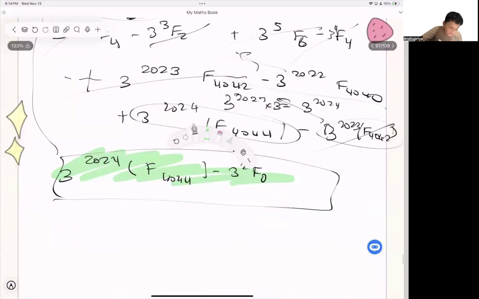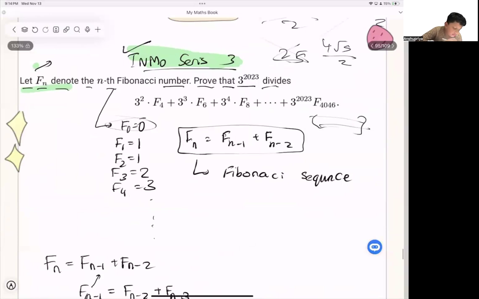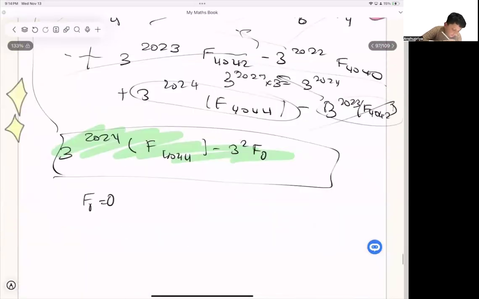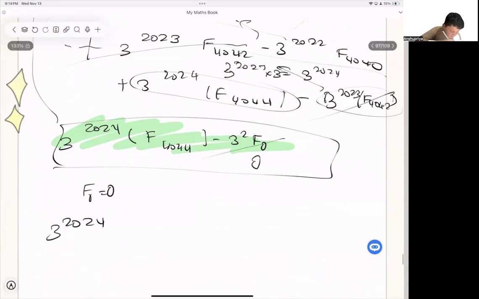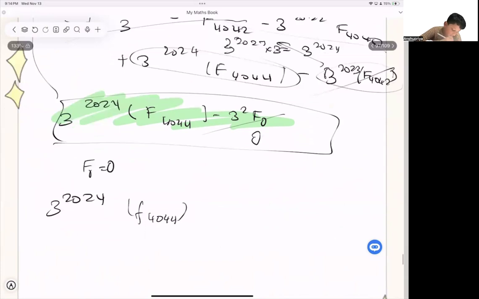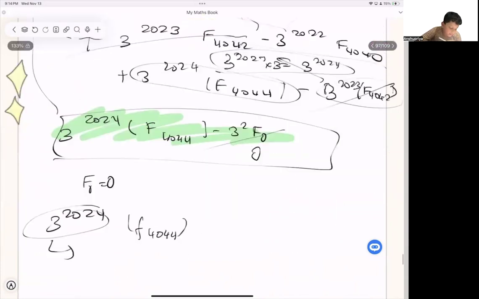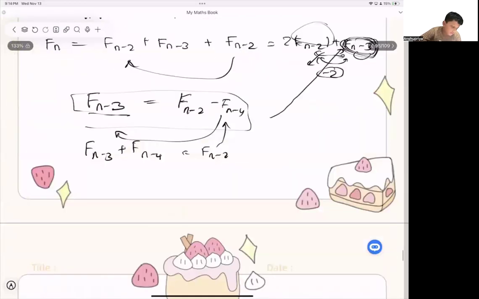Okay. So now remember that F0 is equal to 0. So we'll put that F0 is equal to 0, so this will become 0. So it will become 3 to the 2024 times F4044. Since this is already a multiple of 3 to the 2023, what do we need to find?